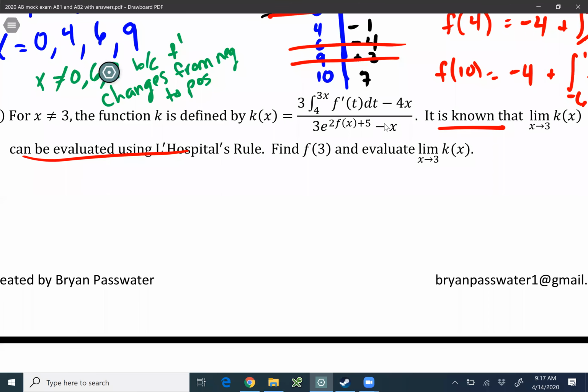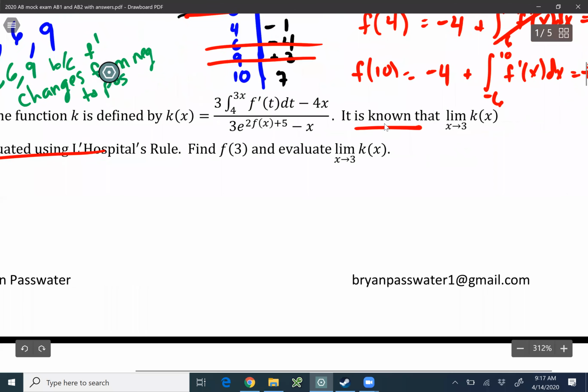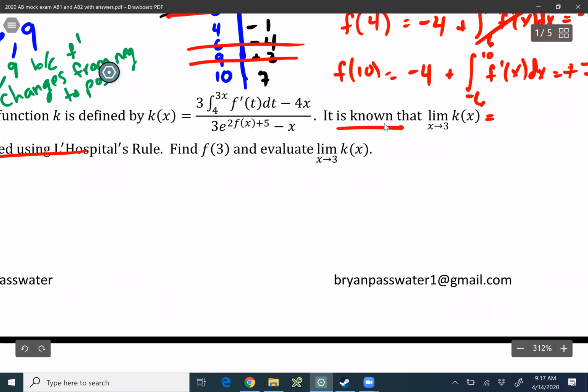And in the numerator, and both. Yeah. Right. L'Hopital's rule is when the limit equals 0 over 0. So they're basically telling us, without saying it, that if we plug in 3, the top is going to equal 0 and the bottom is equal to 0.